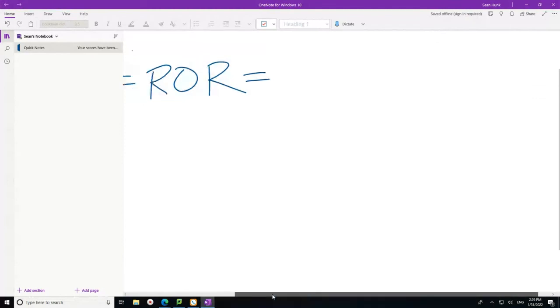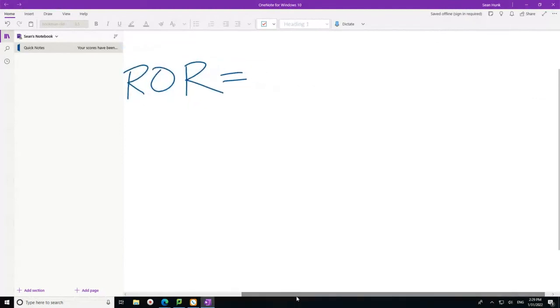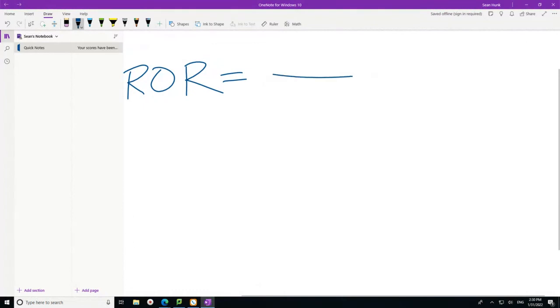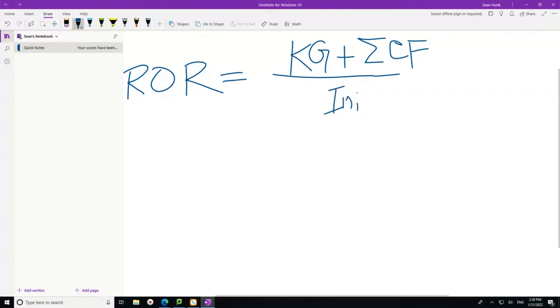Basically, I explained it as capital gains plus the sum of all the cash flows over the initial investment.